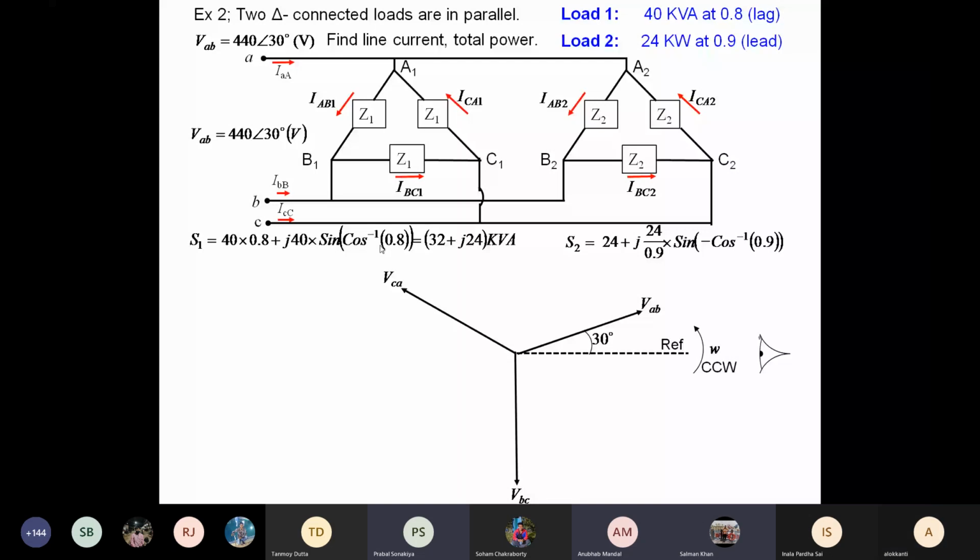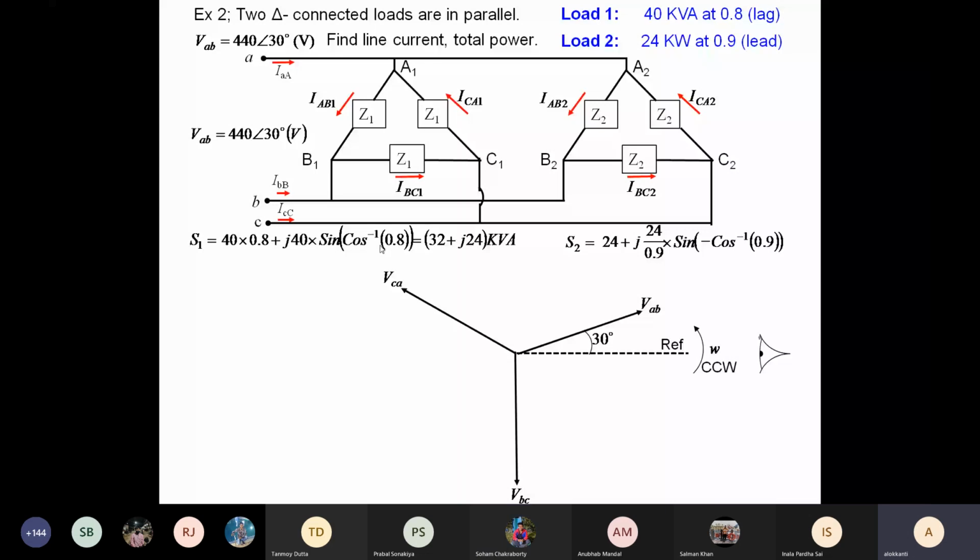It is volt ampere. It's the apparent power. I'm just multiplying volt and ampere. But what is the reactive power? VAR, volt ampere reactive.